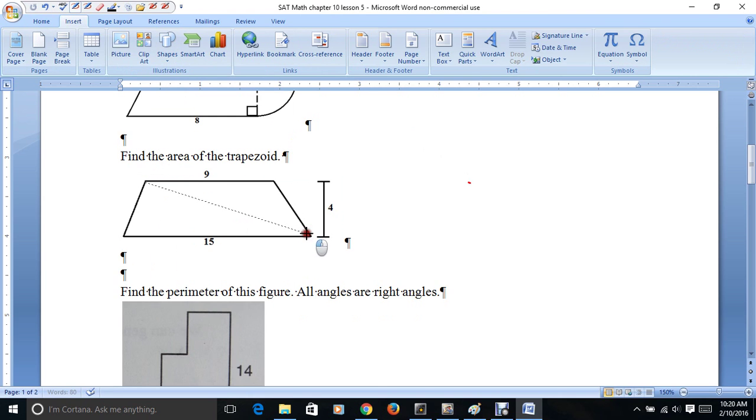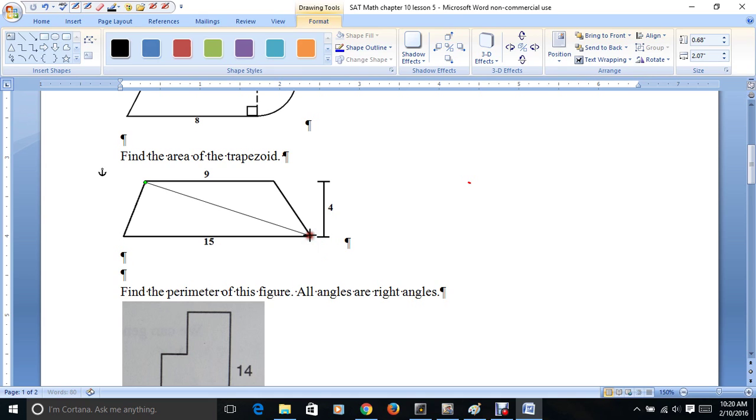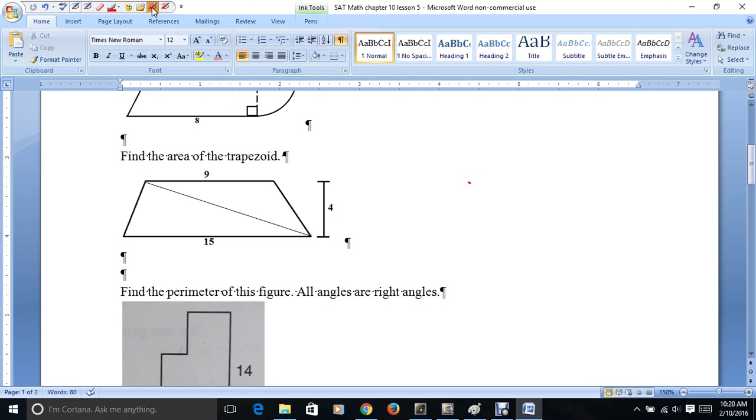If you break the trapezoid into two triangles, what you're going to have is base times height over 2 for the bottom triangle and base times height over 2 for the top triangle, which ends up giving you height over 2 times the sum of the bases.